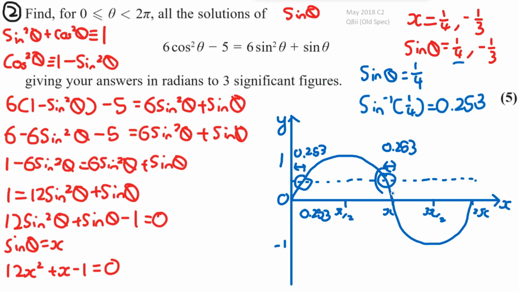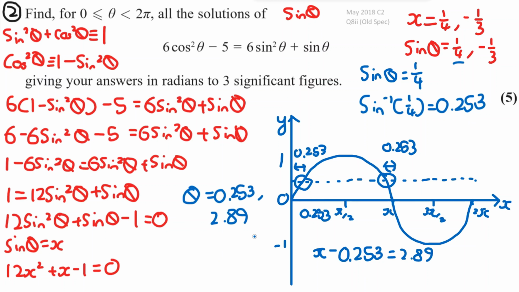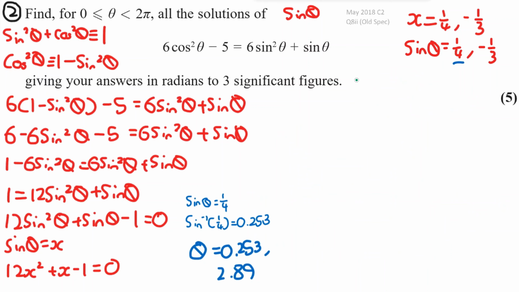So therefore this value is going to be pi minus the difference to get to here, which is 0.253, which if you put into a calculator is equal to 2.89. So therefore theta is equal to 0.253 and 2.89.